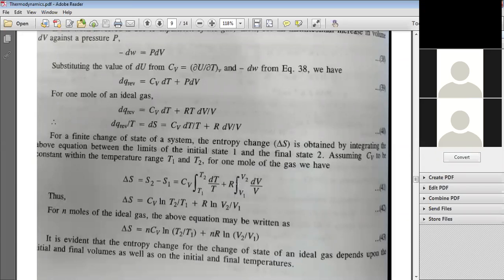Similarly, in the next term, we will have R times ln V2 by V1, means final volume divided by initial volume, and the natural logarithm is to be taken. Now this equation, number 42, holds good if we have only 1 mole of gas that is expanding or compressing.